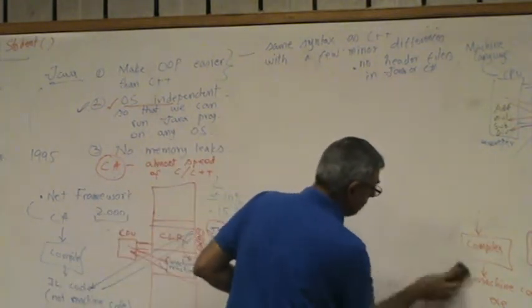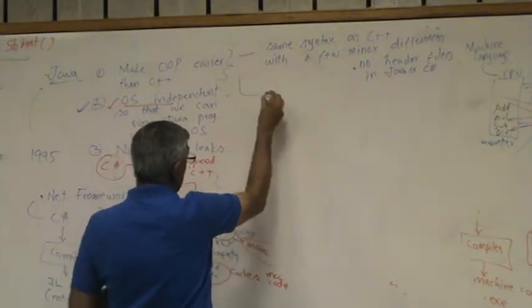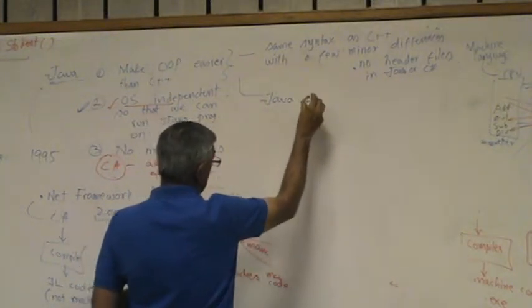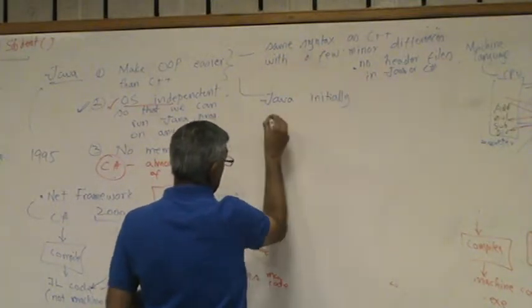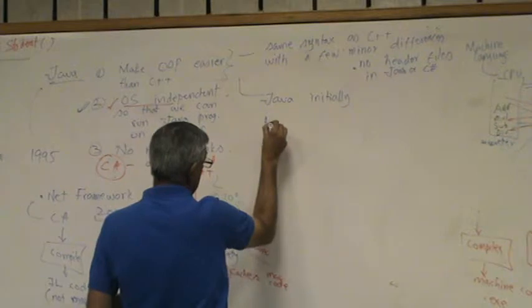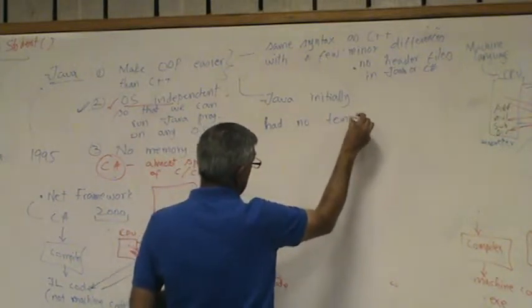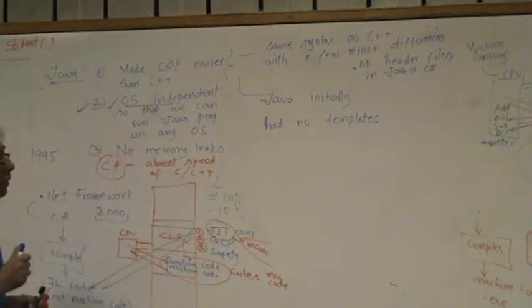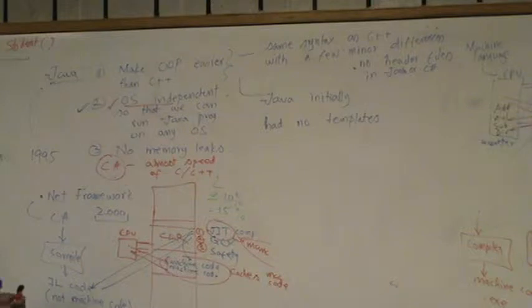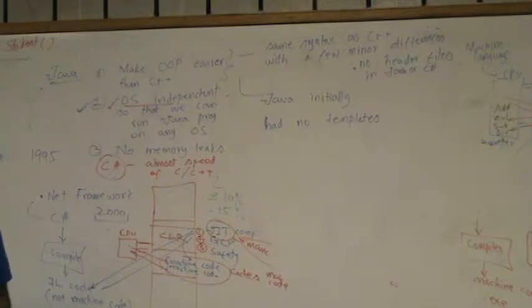What are the other differences when Java was created? So Java initially had no templates. Again, those of you who know C++, there's a concept called templates where we can write code so that it can operate on different data types in a much easier way.